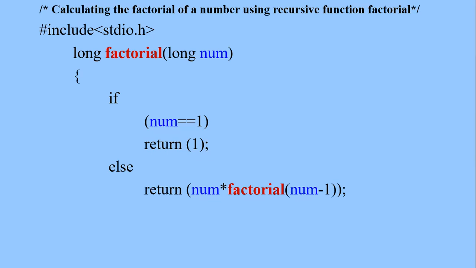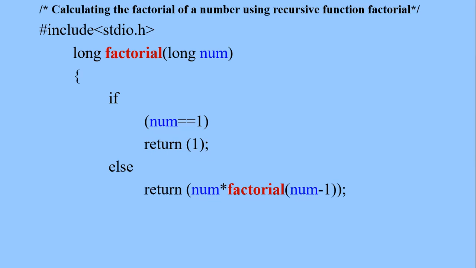Then next round, it will be num, which in this case is 8, times factorial of 8 minus 1. That is times factorial of 7. Next round, it will be num, that is 7, times factorial of 7 minus 1.